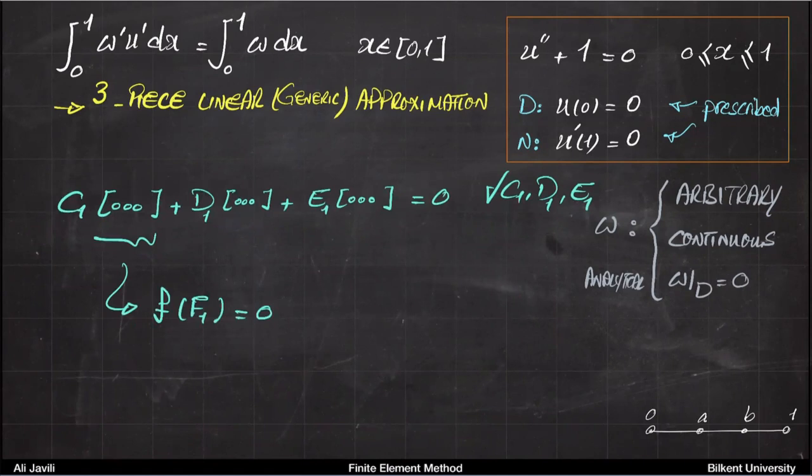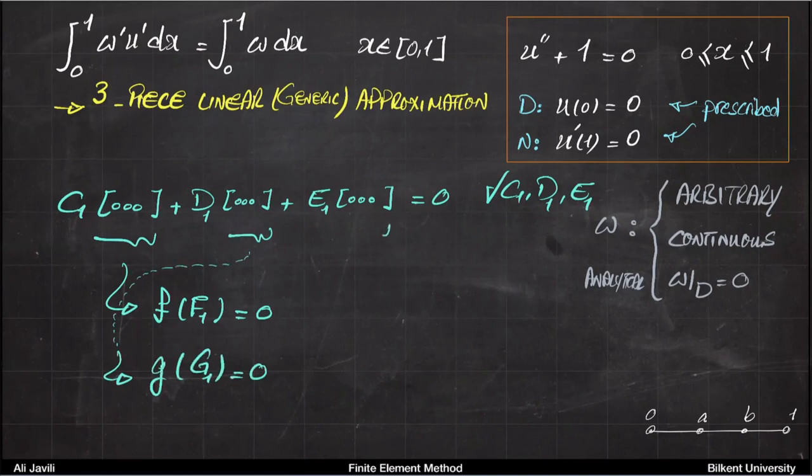The second one gives you another equation, another function in terms of G1 is 0.